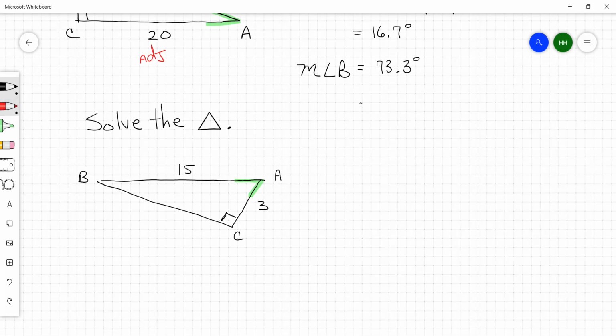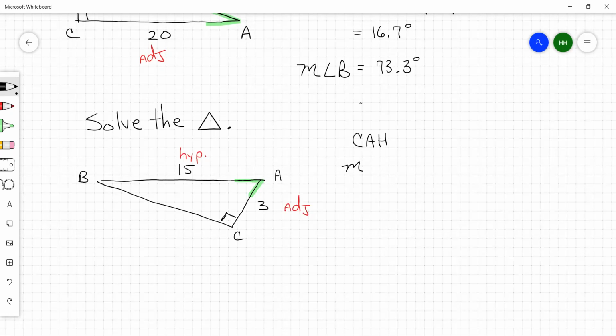In relation to angle A, we've got the hypotenuse, and we've got the adjacent side. Adjacent and hypotenuse, that is COS, or cosine.